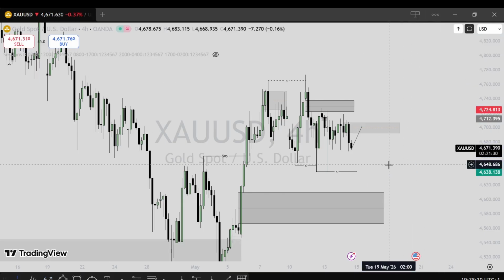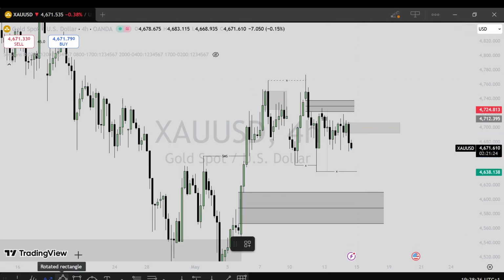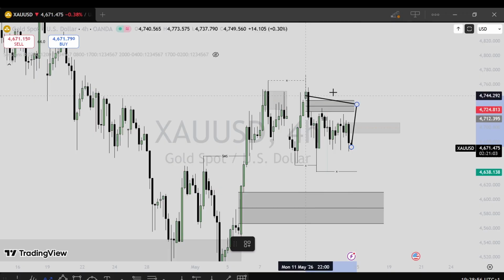That's our confirmation entries. Then we target the upside. Okay, or price might actually do something like this. You understand? Because if you look at this FVG zone very well, price couldn't get to the midpoint of this FVG zone. So the way I'm seeing it right now, price might actually come take out this liquidity, thereby filling this FVG zone and tapping into this bearish 4 hours order block here.